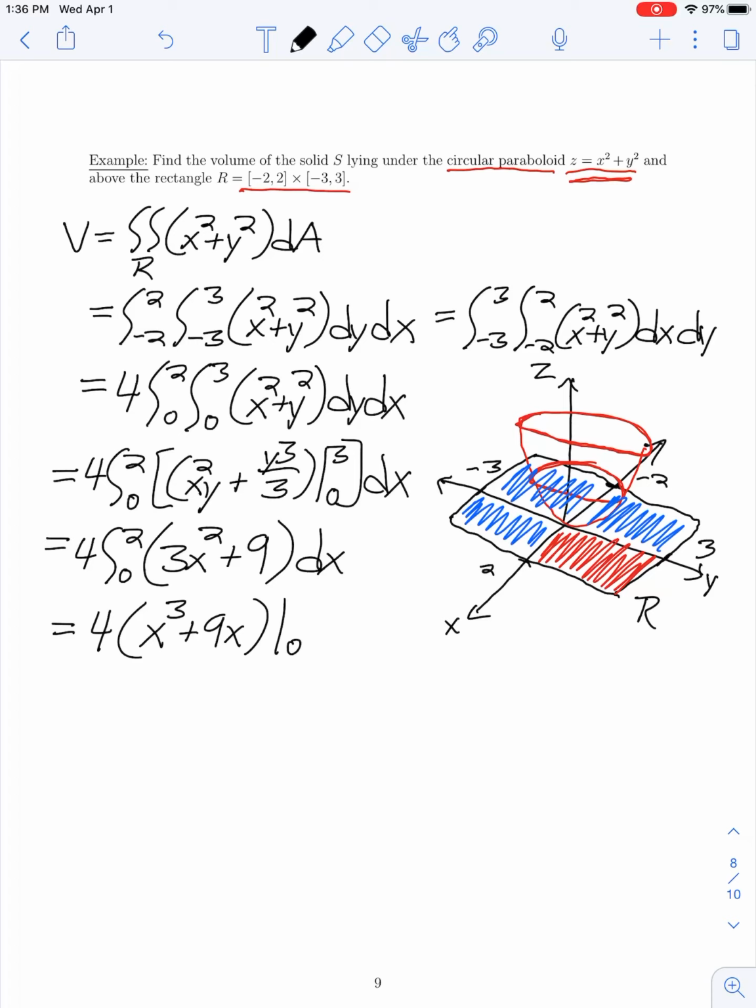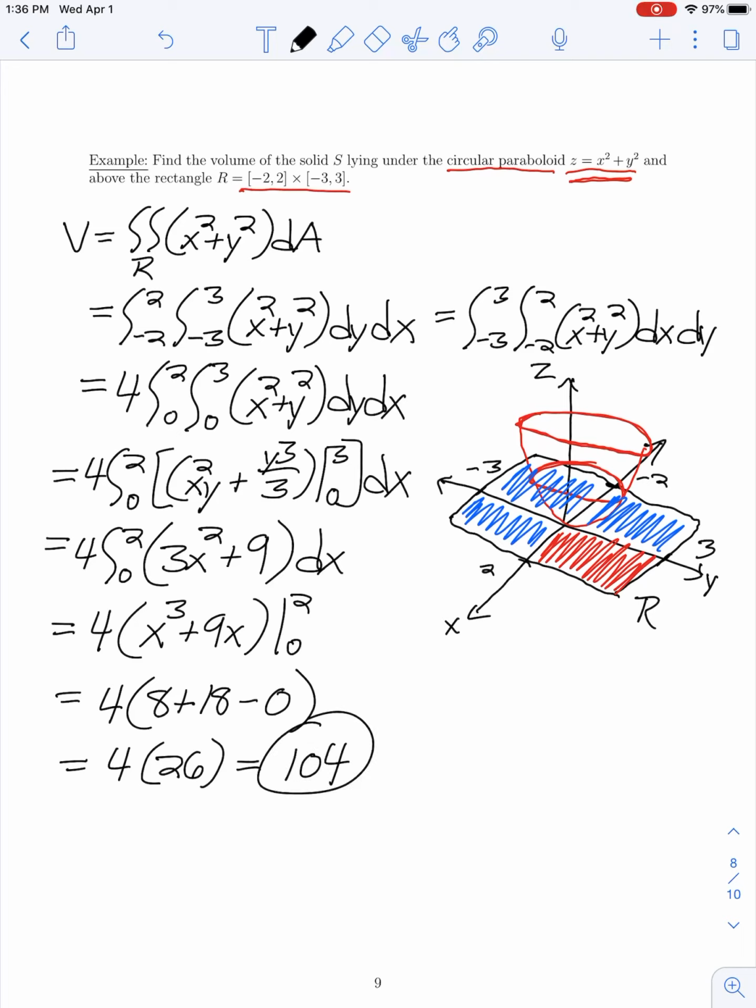And we're then integrating with respect to x. So we have 4 times the antiderivative of our function with respect to x is x cubed plus 9x, which we're then evaluating from 0 to 2. So this gives us 4 times 8 plus 18 minus, when we plug in 0, we get 0. So we're left with 4 times 26, which leaves us with 104 for the volume of this region.